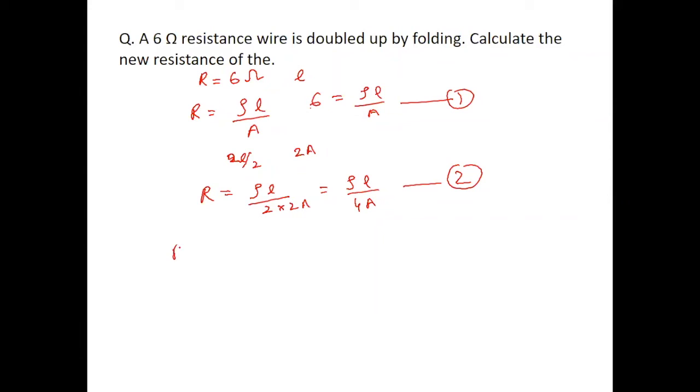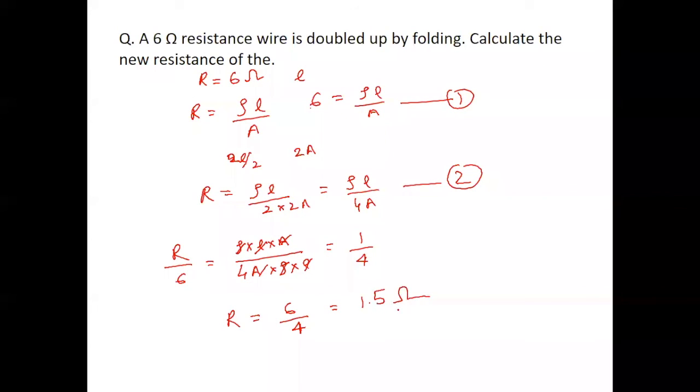So R by 6 equals rho L by 4A divided by rho L by A. L cut, A cut, rho cut, it is 1 by 4. So R equals 6 by 4, and that is 1.5 ohm.